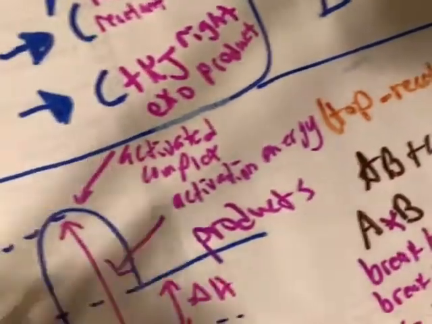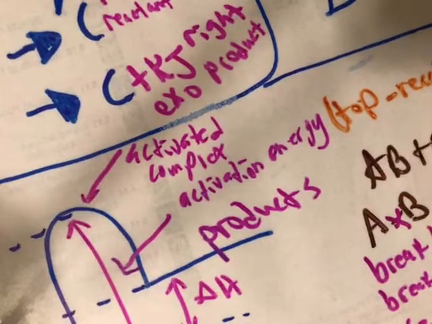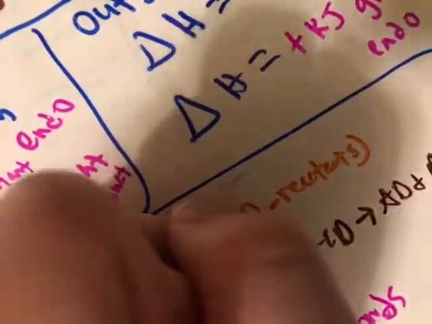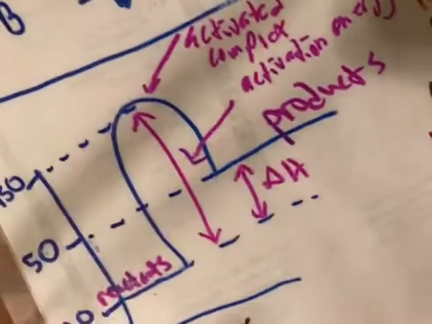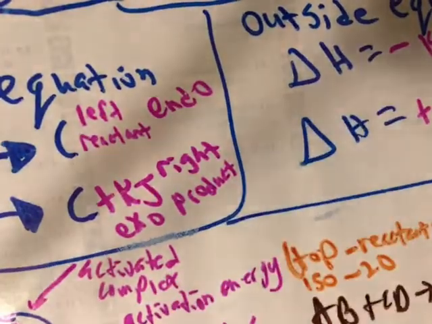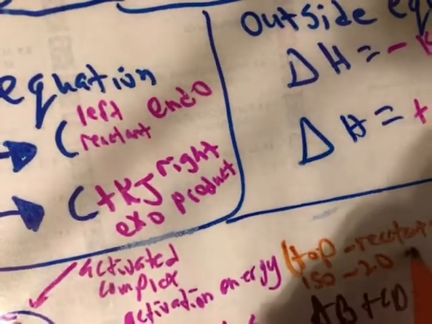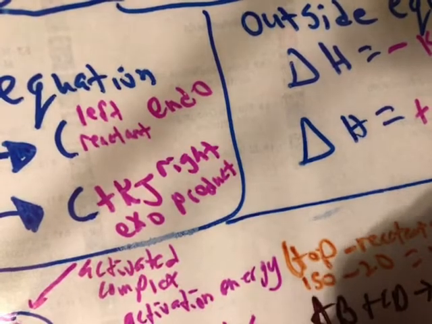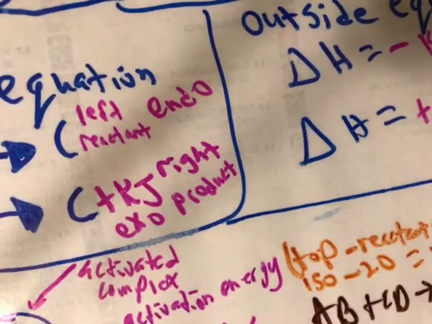That's pretty simple math. The very top is 150 minus my reactants, which is 20, way over there. So I would just do 150 minus 20. That's going to give me 130 kilojoules for my activation energy.